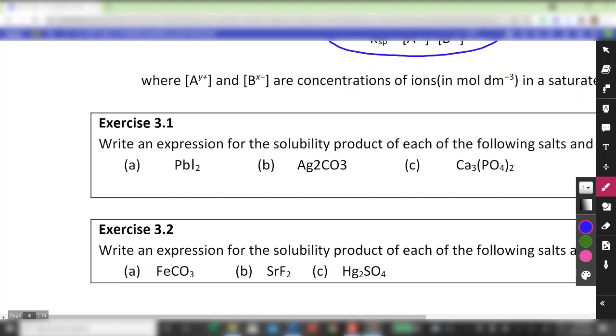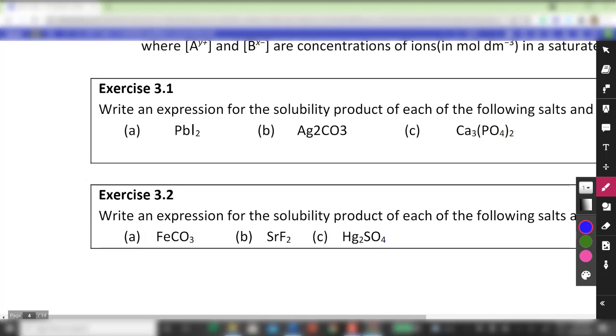We'll do it for PbI2 first. For PbI2, I don't think we need to write the equation because you know that there are two equivalents of iodide for every one equivalent of lead iodide dissolving. So when we write out the solubility product, Ksp equals the concentration of lead 2 plus raised to the power 1, and the concentration of iodide raised to the power of 2.